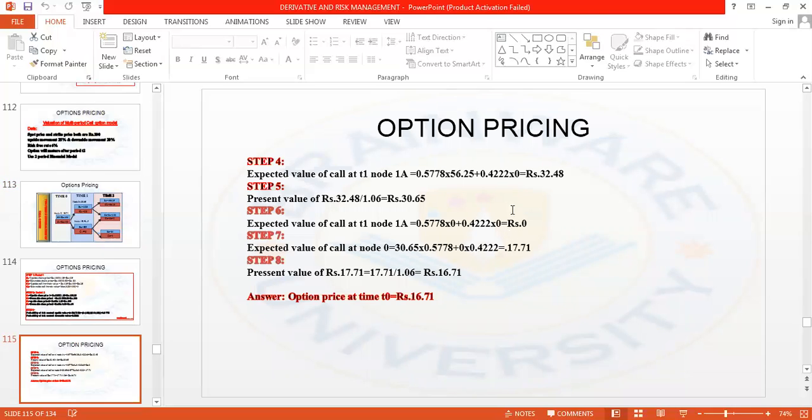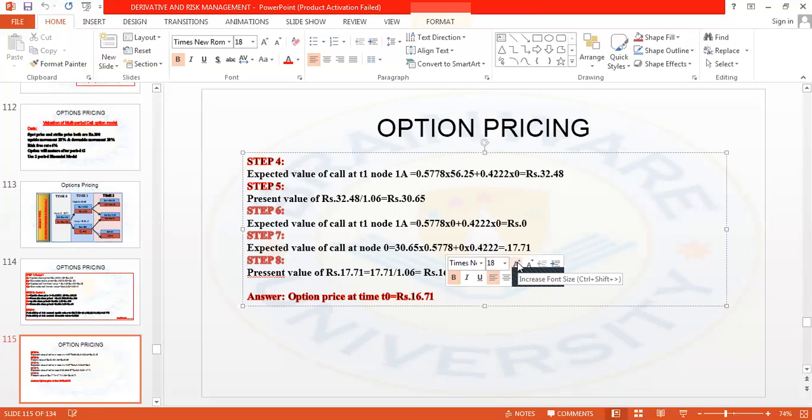So ultimately what we will do, we will divide 17.71 by 1.06 again, which is called present value calculation of this intrinsic value at the end of time 1. So by this calculation, it becomes 16.71. So finally, we can conclude that the premium of this call option will be 16.71. Now, it is the price of the call option.